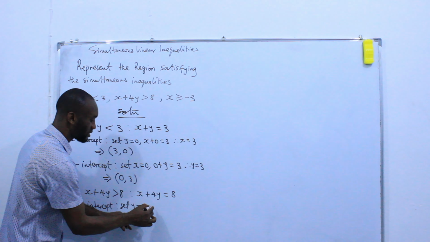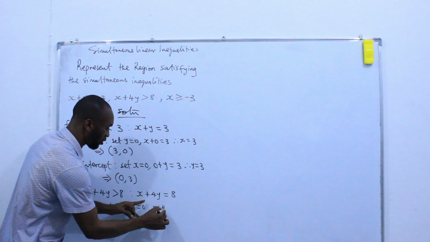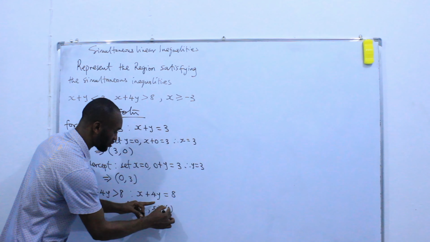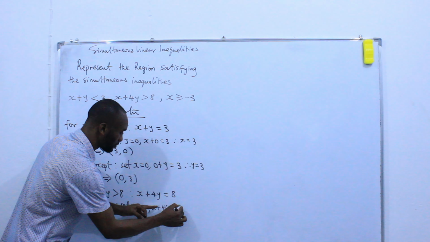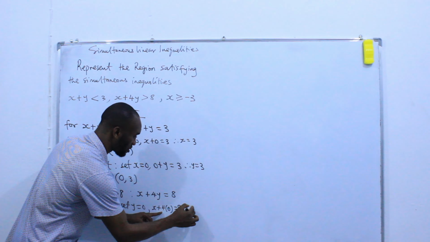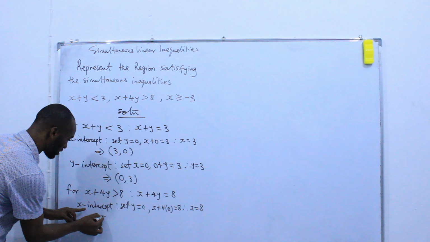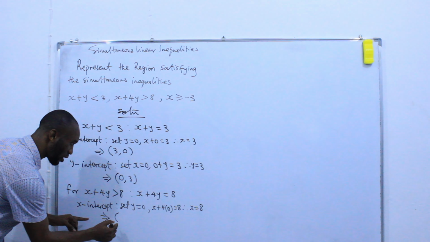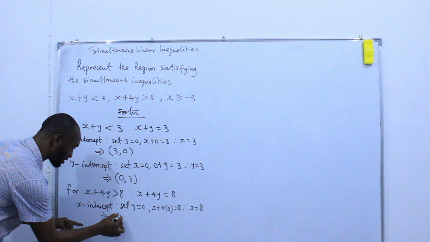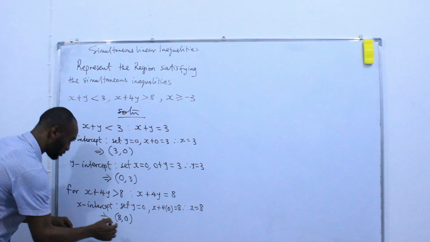When we set y as 0, we have x plus 4 times 0 equals 8. Therefore, x is equal to 8. This gives us the point when x is 8, y is 0.